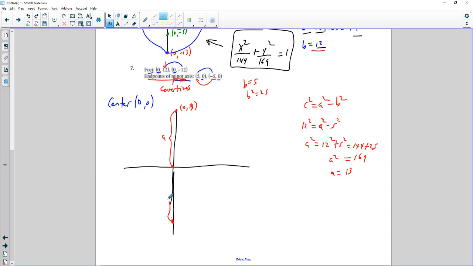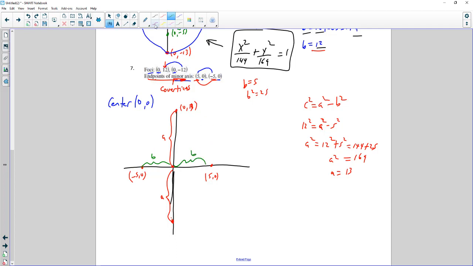And this distance is also going to be a, which is 13. So this is your major axis. The minor axis endpoints are at -5 and 5. So we're going to be here and here. And this distance is called b, and this one as well.